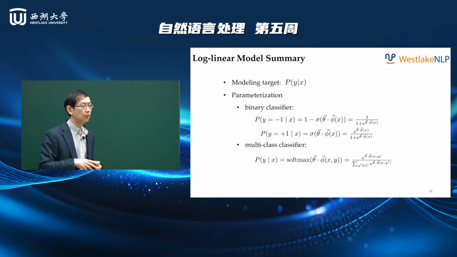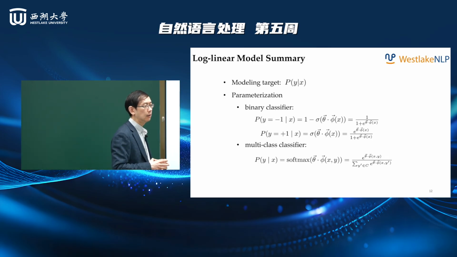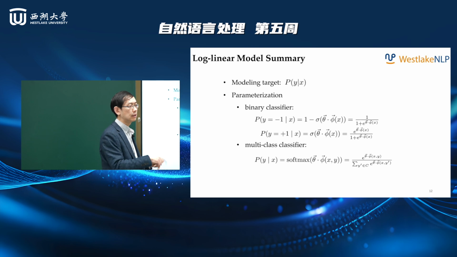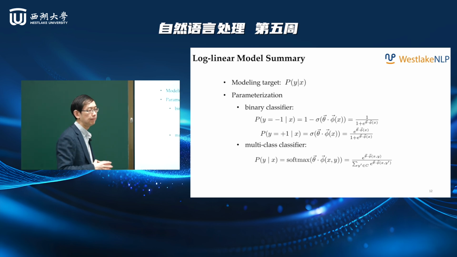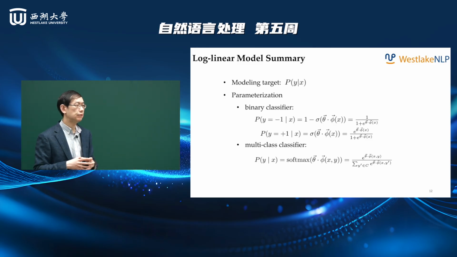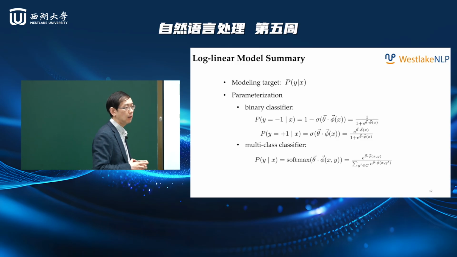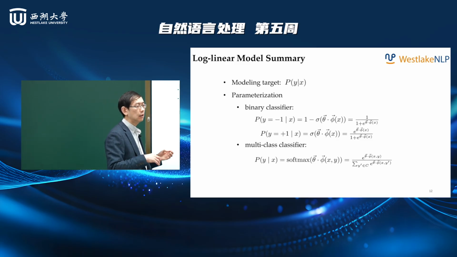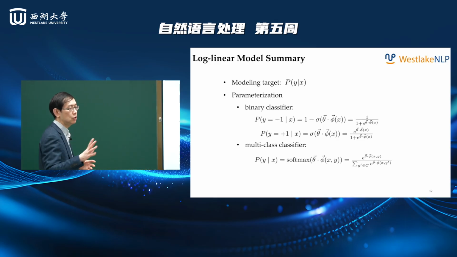For binary classification, the feature is phi x only, and theta dot phi goes through a sigmoid function to calculate the probability of y equals plus 1. For multi-class classification, we extract the feature vector from x and y pairs, and theta dot phi goes through a softmax function to calculate the probability of each y.